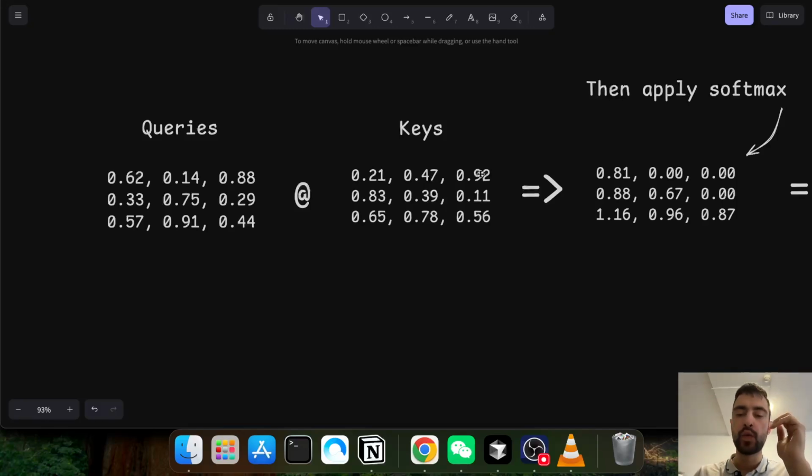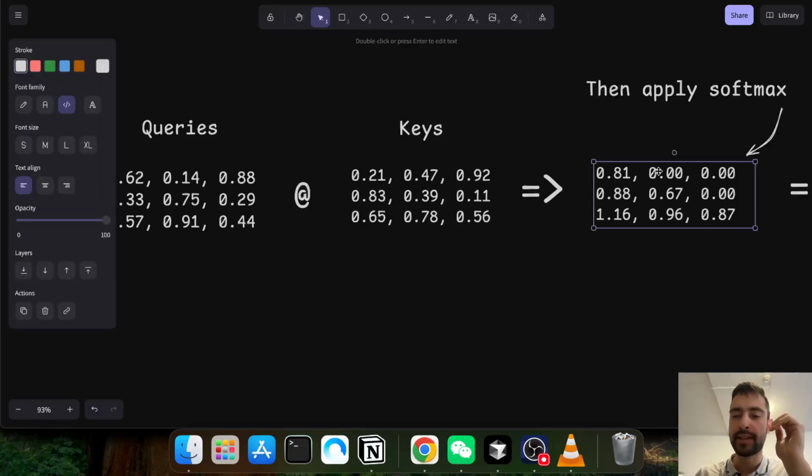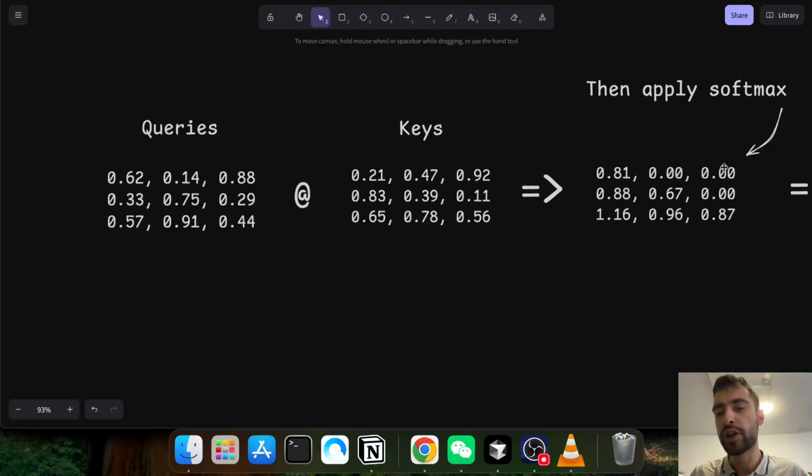So we just want to manually set this to 0. That means the first word will take no context from the second word. And here as well, the first word will not take any context from the third word.